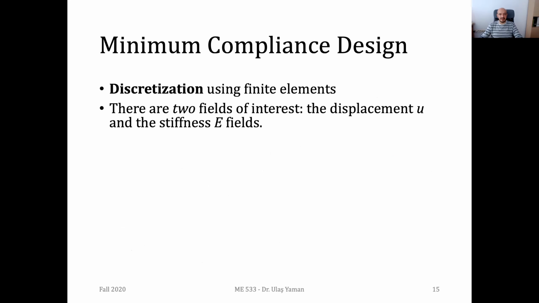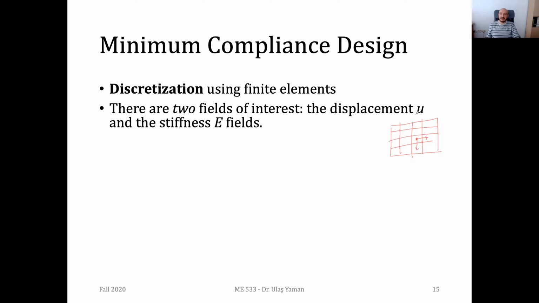So we said that we are using finite elements, so we can say that this is the discretization step. In this discretization, we have two fields of interest. The first one is the displacement field, the displacement of all the items. So again, let's have a simple discretization. You may consider the center of an item, displacement of it in two directions.